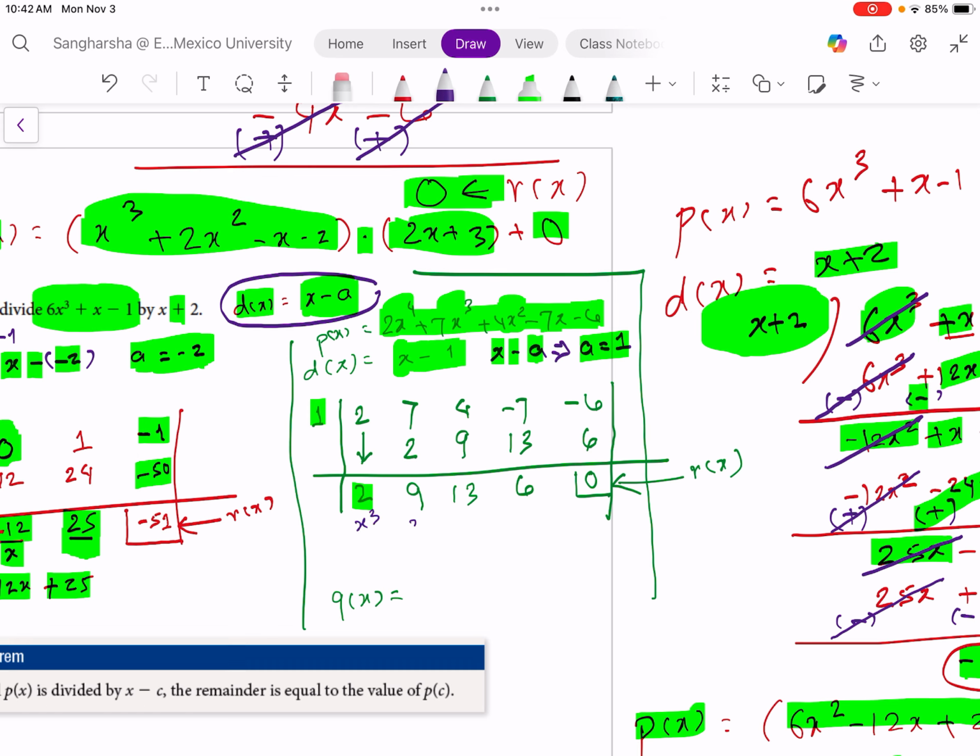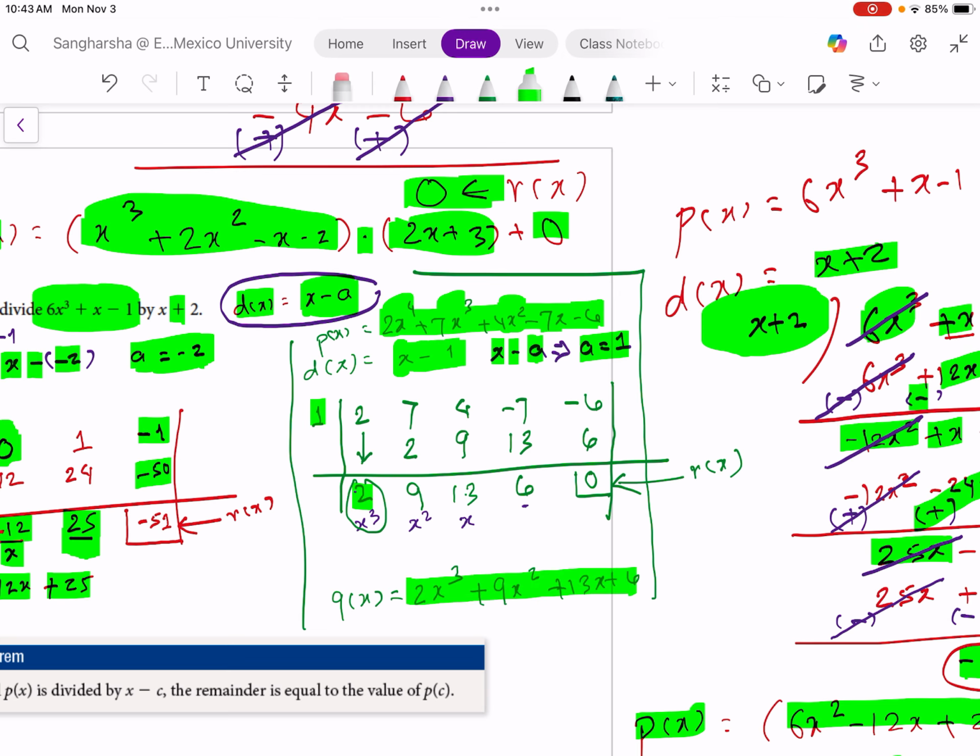This will be our x squared term. This will be our x term, and this is our constant. So 2x cubed is the first term. Now this is positive 9x squared, positive 13x, and positive 6. This is a constant, and this is our quotient.